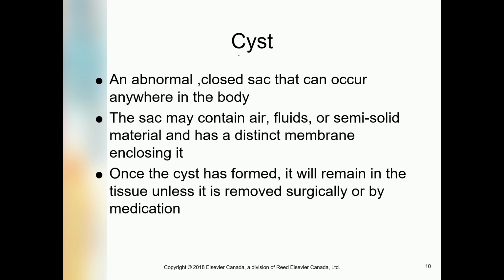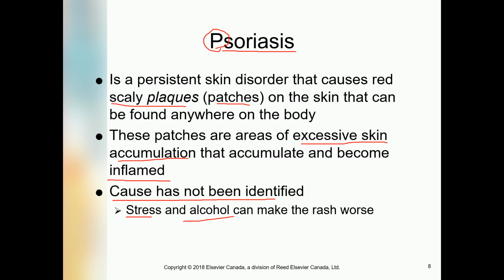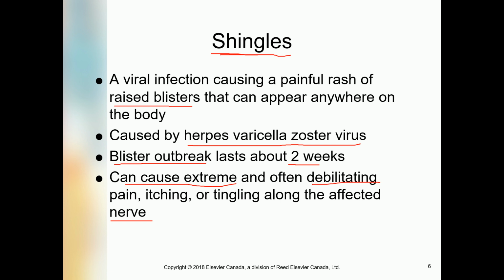Similarly, with a cyst, something happens under the skin layer. An abnormal closed sac, it's not open, it's closed. The skin is closed, but it's inside the skin. That can occur anywhere in the body. The sac may contain air. It's not like the previous boil or psoriasis or scabies or shingles.